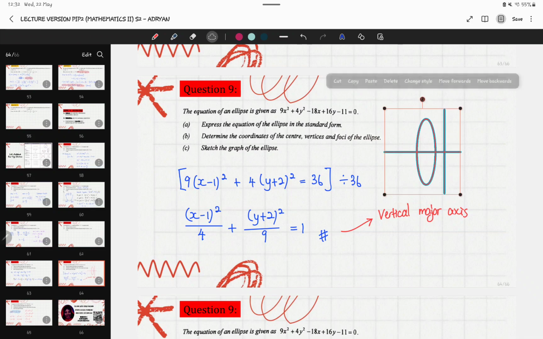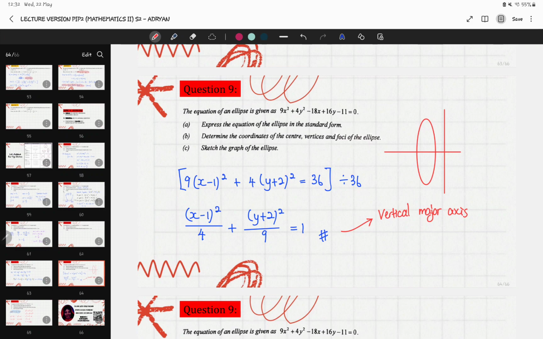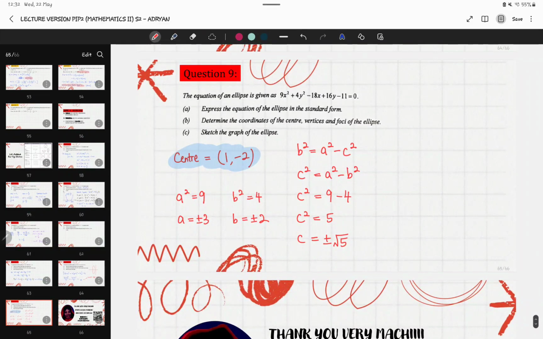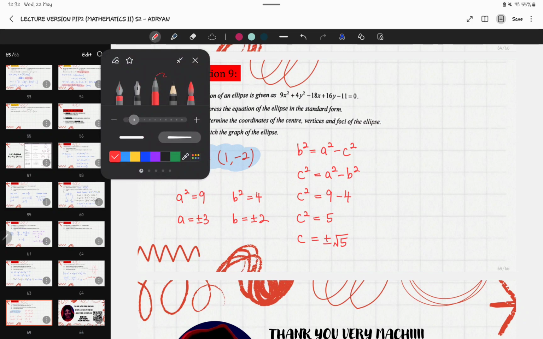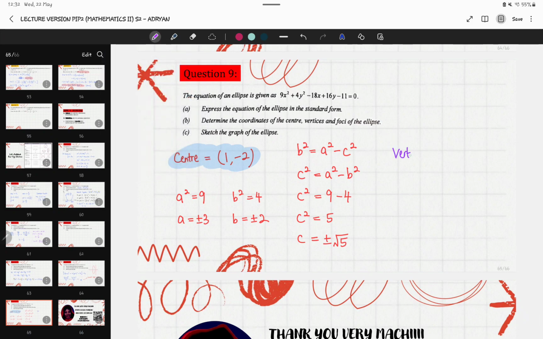So from here we already know that for the vertices, the X value stays, whereas the one that moves is your Y value. So X value stays, meaning that your vertices would be 1, keep it. Negative 2 plus A, so plus 3. So negative 2 plus 3 would be 1.